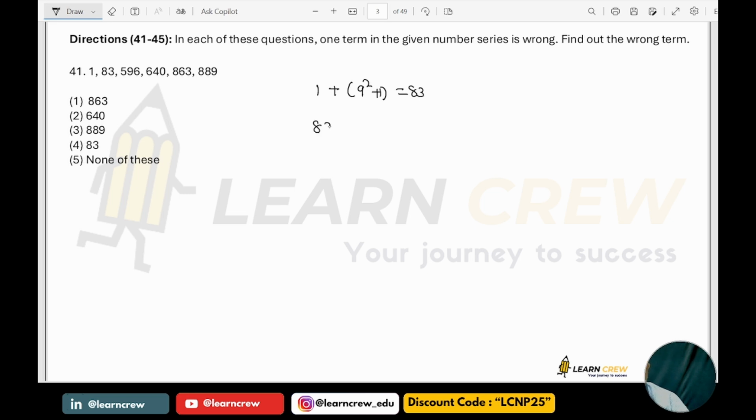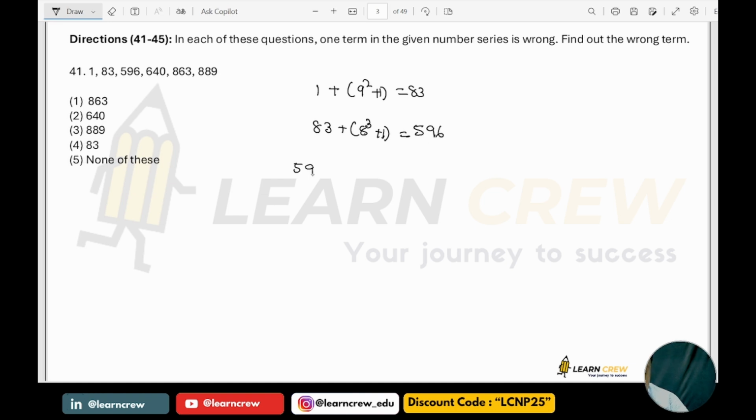And 83 plus 8 cube plus 1, that is 512 plus 1, 513, plus 83 gives 596.